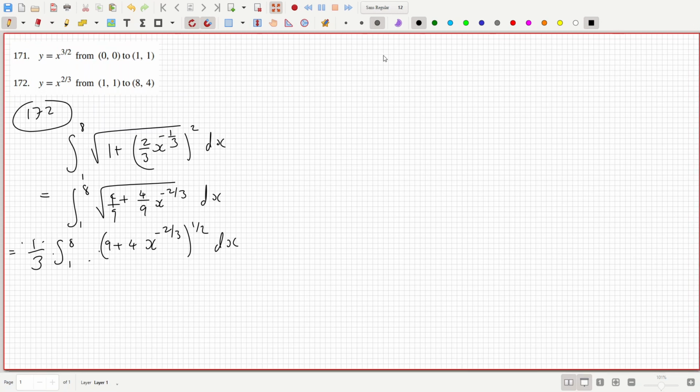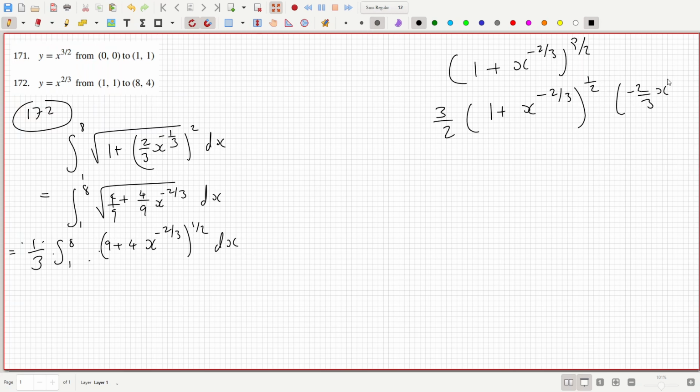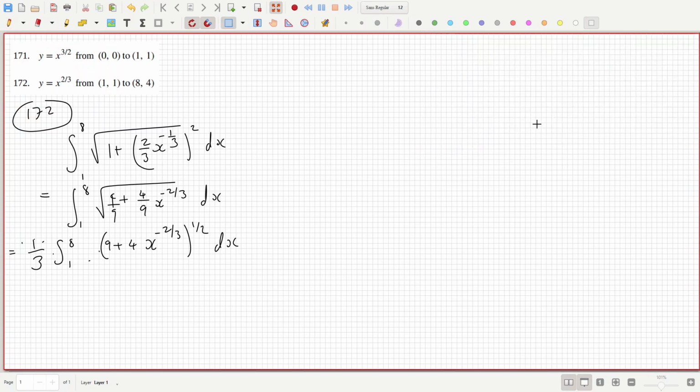If you had something like 1 plus x to the power minus 2/3, all to the power 3 over 2, and you differentiate that, that'd be 3 over 2, 1 plus x to the power minus 2/3, to the half, and then times minus 2/3 x to the power minus 5 over 3. There's no x on the outside, so I don't think it's going to be a nice substitution.